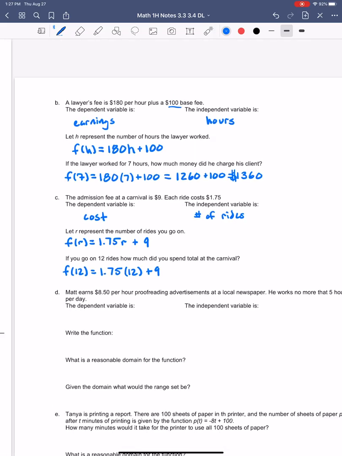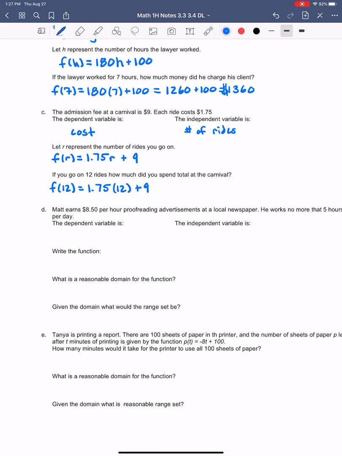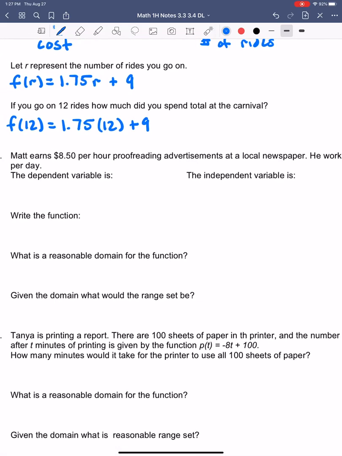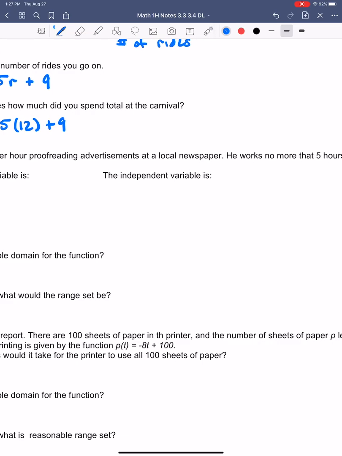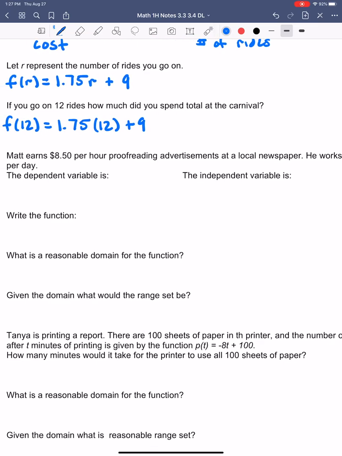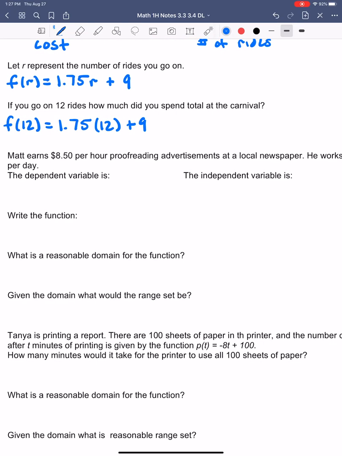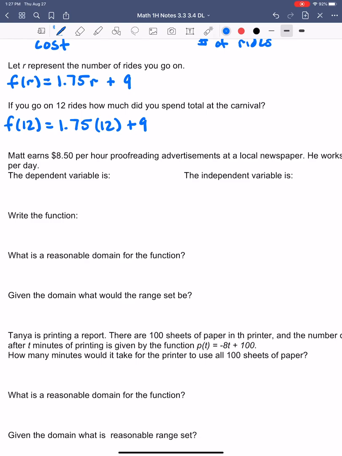All right, keep it going here. Scrolling down to letter D. It says Matt earns $8.50 per hour proofreading advertisements at a local newspaper. He works no more than 5 hours per day. Okay, so again, his earnings, the amount that he makes, depend on the number of hours that he works.